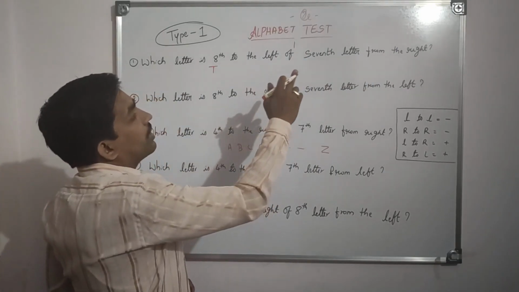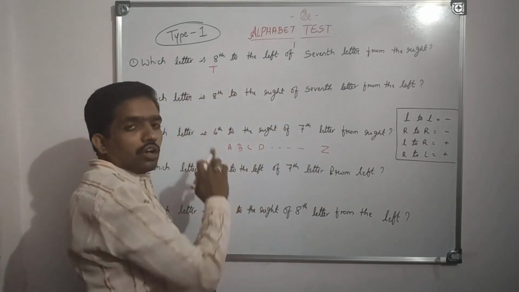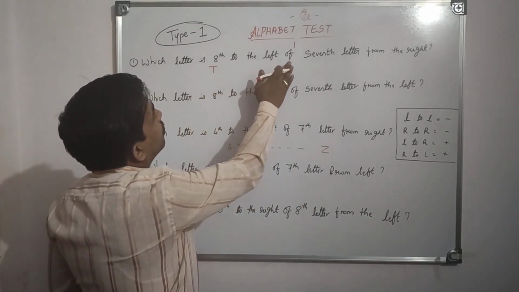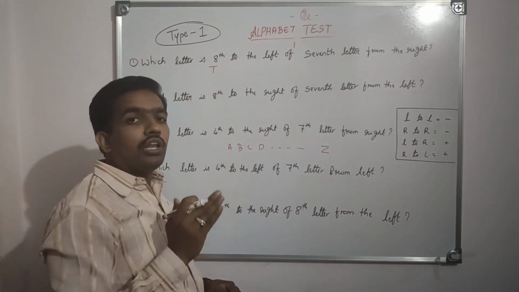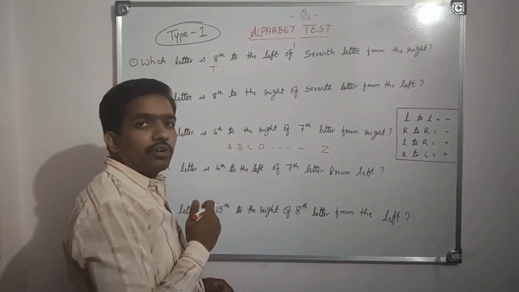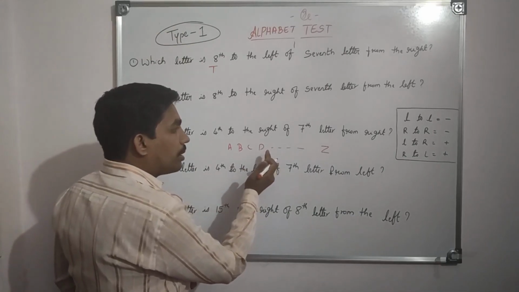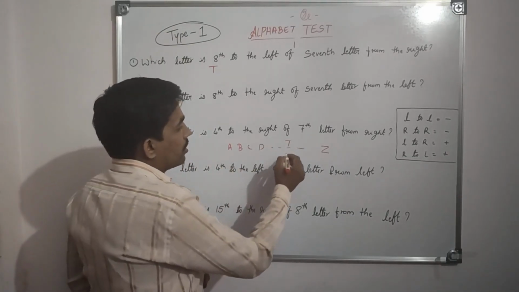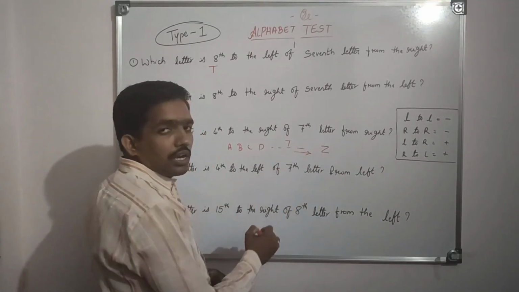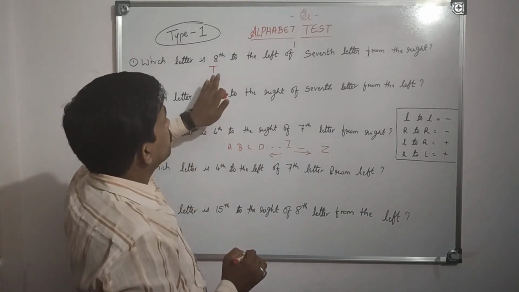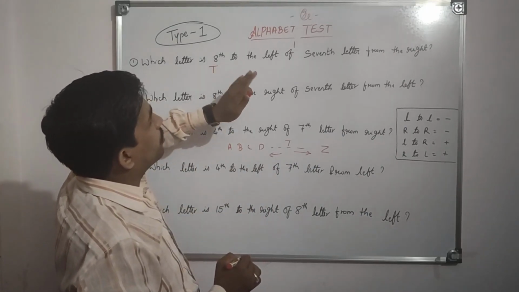The 7th letter from the right is T, we already got, and 8th to the left of T. Left of T means we have to come backward, because if T is here, this side will be the right and this side will be left.